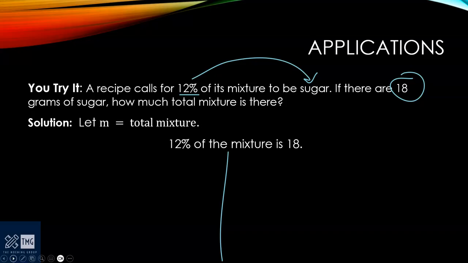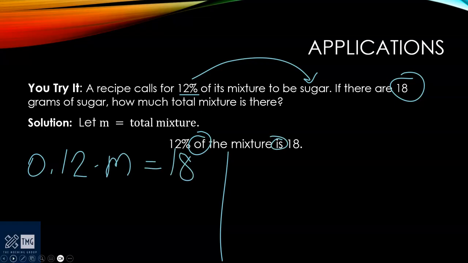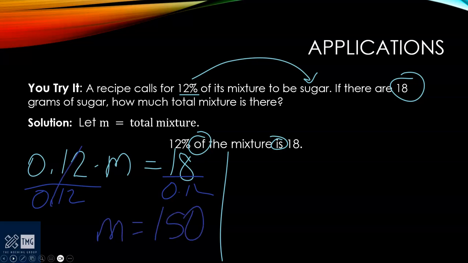Let's write that as an equation. 12% of is to multiply, the mixture is equal to 18. To solve that, we divide both sides by 0.12, and the total mixture is 150 grams.